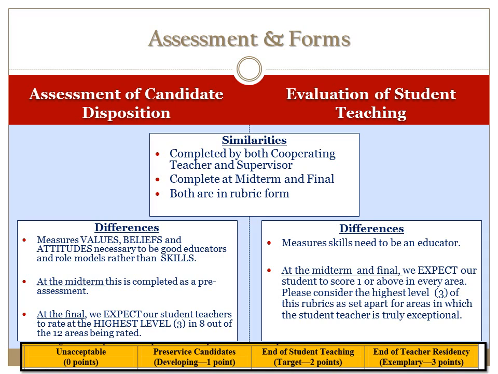Here you can see the rubric scoring. You will notice that 2 target is for the end of student teaching, and 3 exemplary is for the end of teacher residency, which aligns with the resident educator program in Ohio.